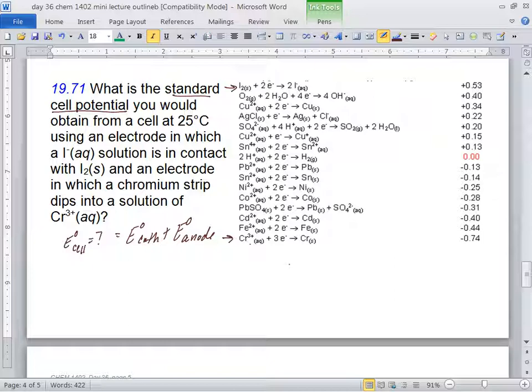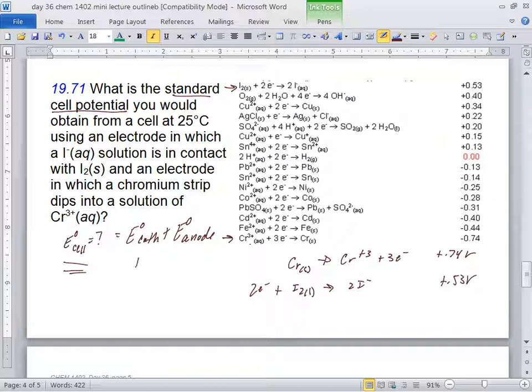All right? So if you wanted to write the overall reaction, you'd write it this way. But it's not really after it. And then iodine solid, we're not going to flip that one. But the point is, they're just after E0 cell. So it would be positive 0.74. Cathodes reduction.